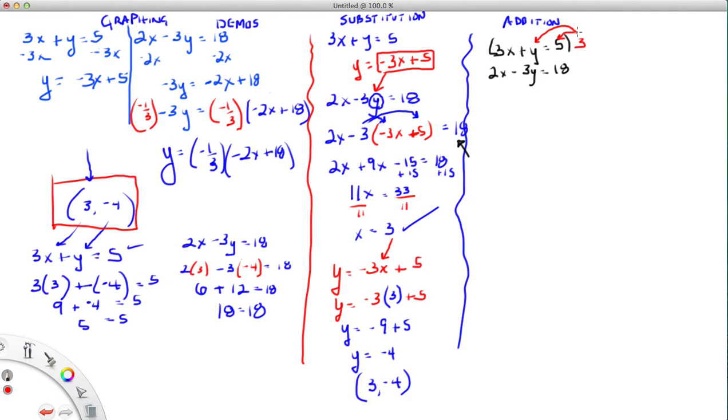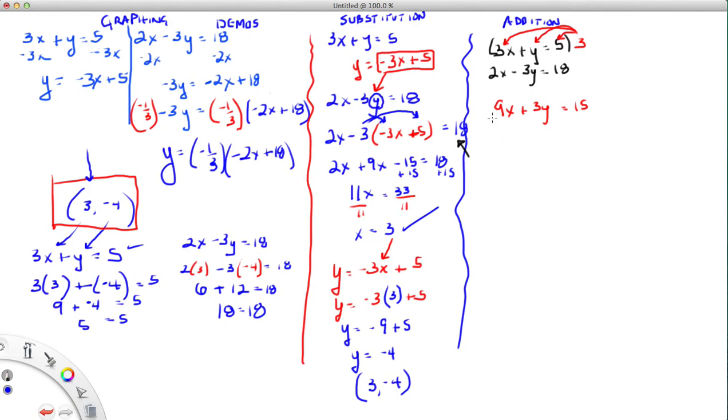I multiply both sides by 3, which means every term. 3 times 3x is 9x, 3 times y is 3y, 3 times 5 is 15. As long as you do the same thing to both sides, you get an equivalent equation. It doesn't change the solution.